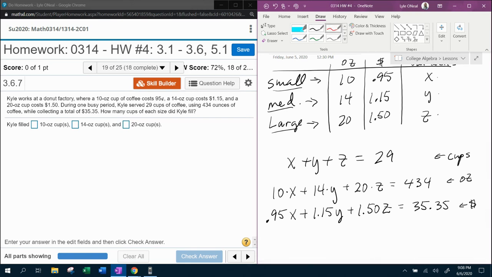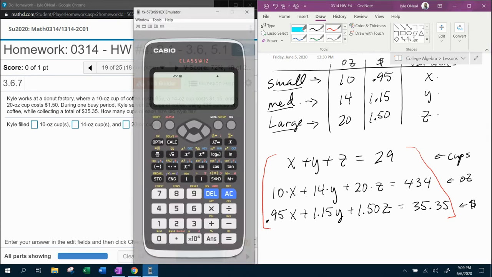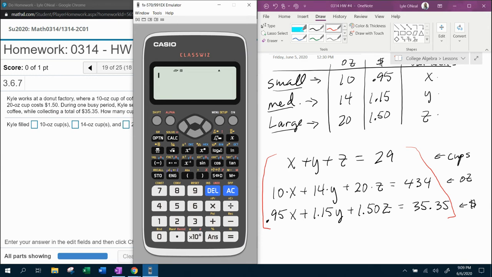And so now that I have my three equations with my three unknowns, I can now go and solve for X, Y, and Z. In a previous video, I do demonstrate how to solve a system of three equations with three unknowns by hand. I'm not going to take the time to do that in this video. This is more focused on how you set up the problem.